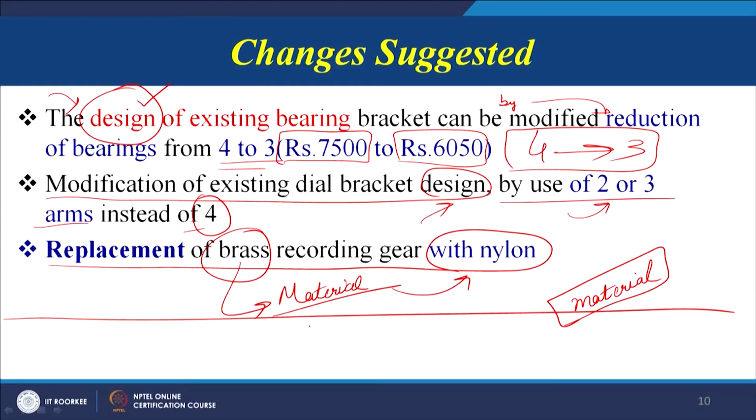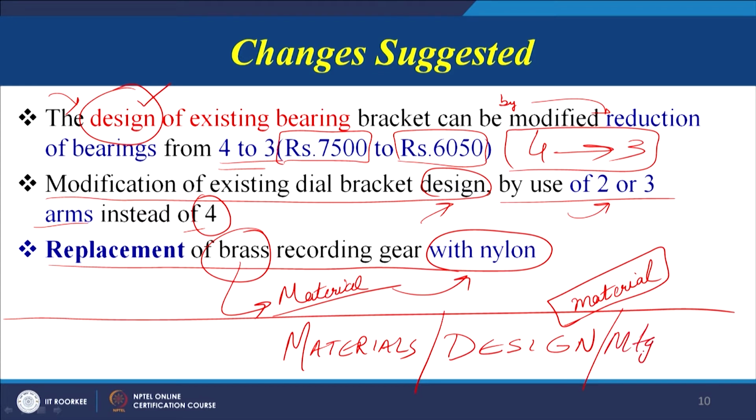So, in a nutshell, what are we changing? We are basically trying to change the materials, we are basically trying to change the design, and in some cases may also try to focus on the manufacturing.